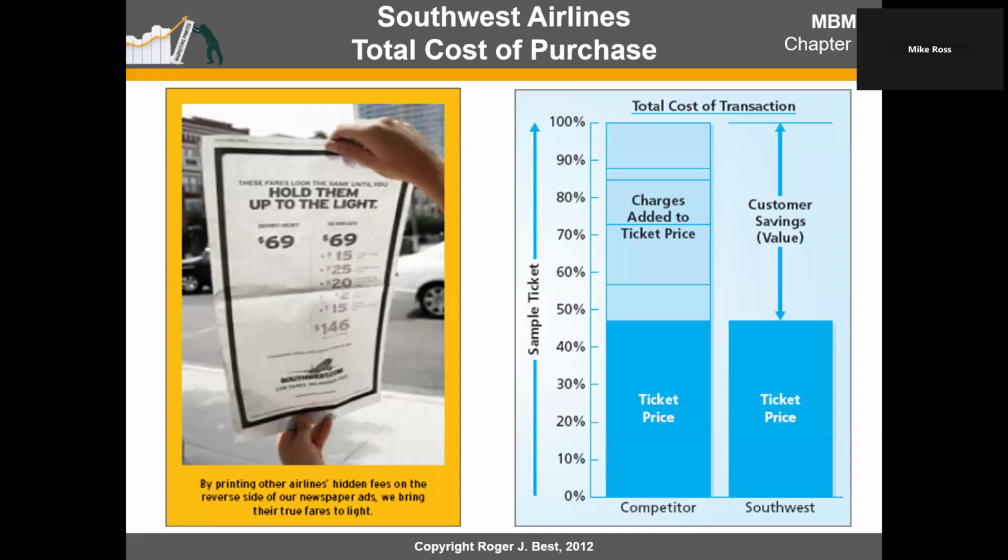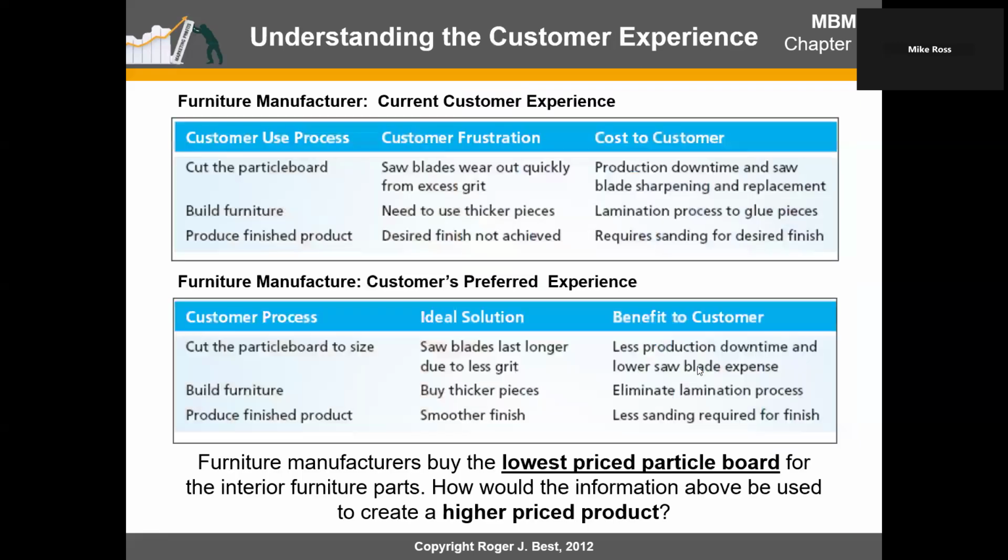Again, it seems pretty obvious or common sense, but as a customer, I have achieved some type of savings or created value by purchasing the Southwest ticket, achieving what I want to achieve, which is to get from Cincinnati to Washington, D.C. But I've been able to do that at roughly a 55% savings versus one of the major carriers, right?